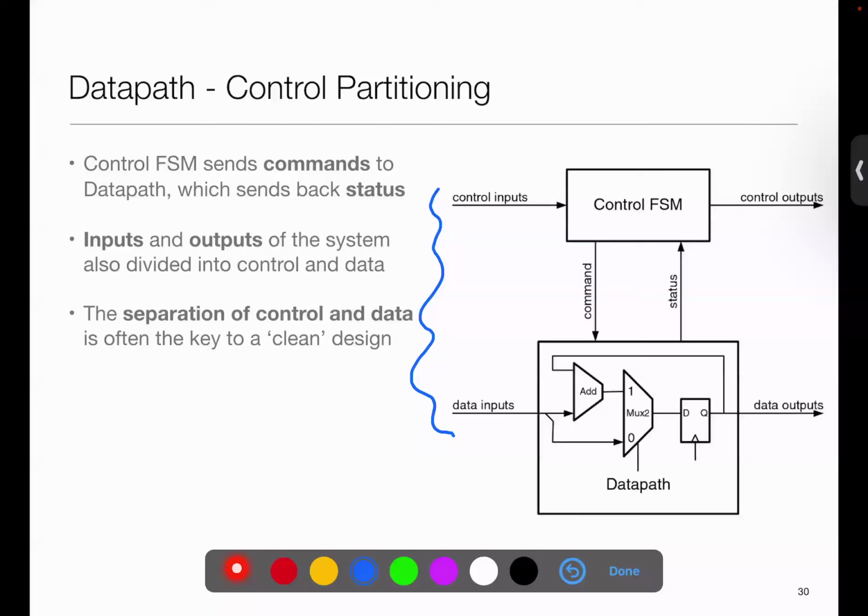More generally though, you will see that data tends to have lots of bits, like stuff coming from sensors, maybe 32-bit floats. The moment you see arithmetic, you should probably think data path. The moment you see something complicated, a neural network or these kinds of things, that's like data path. And the moment you see if-then-else and those kinds of things, you should think of control FSM. But the boundary is not that thin always.